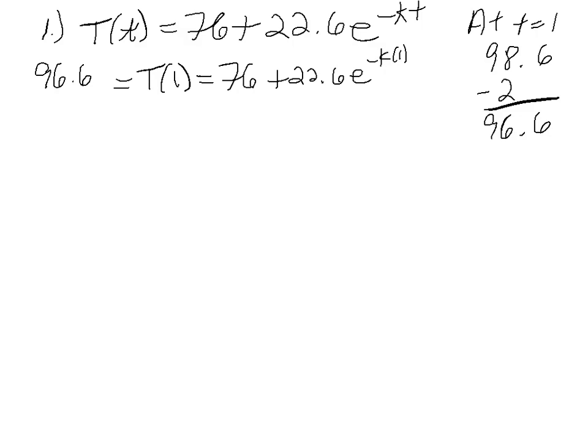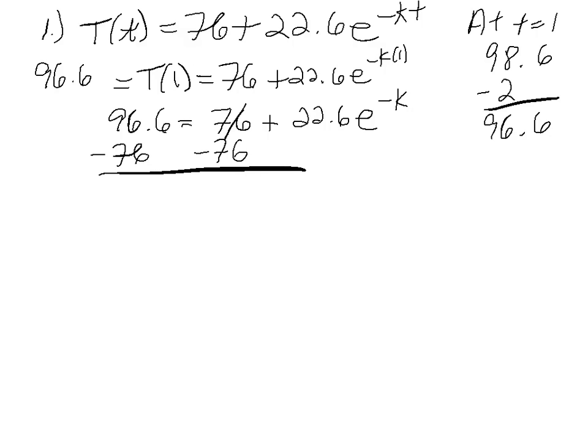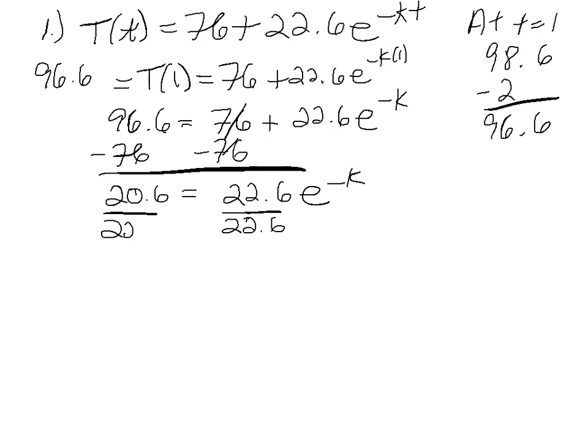Now, putting this together, we're going to solve for that k right there. So let's just go about solving this. We subtract from both sides, we get 20.6. Then we're going to divide by the 22.6 and simplify. I have to do these calculations here.